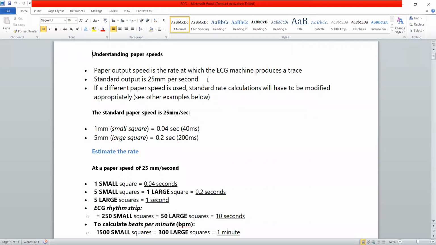So 25 small squares are equal to 1 second, then one small square will be equal to 0.04 second. And 5 large squares are equal to 1 second, so one large square will be equal to 0.2 second or 200 millisecond.